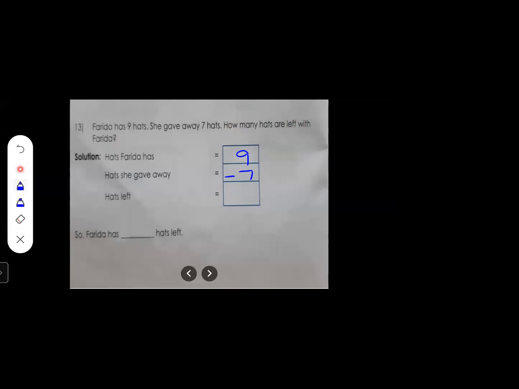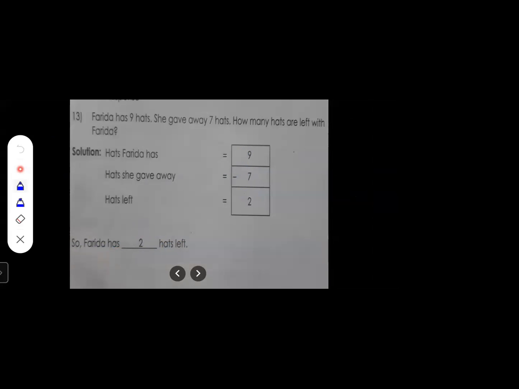Take 9 fingers on your hand. Yes, very good. Close 7 fingers. How many are left? 2, right? So you will write 2. So Farida has 2 hats left. Okay. Now the next one, see.